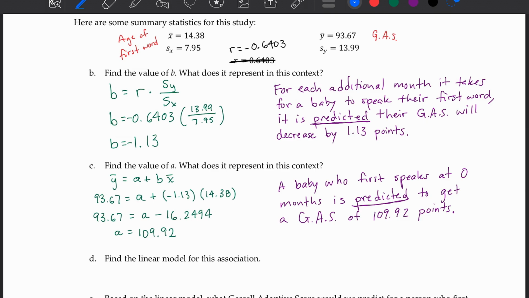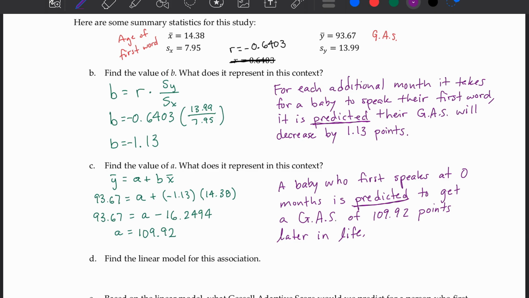So here's what I came up with. A baby who first speaks at 0 months is predicted, once again using that word predicted, to get a GAS of 109.92 points. I guess I should clarify on this one here. Later in life, I probably am not giving a newborn baby an aptitude test.